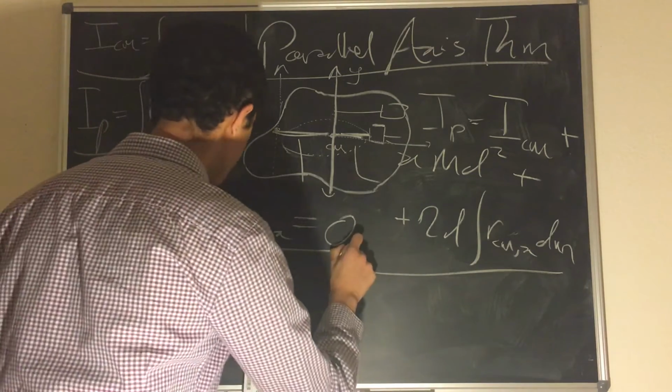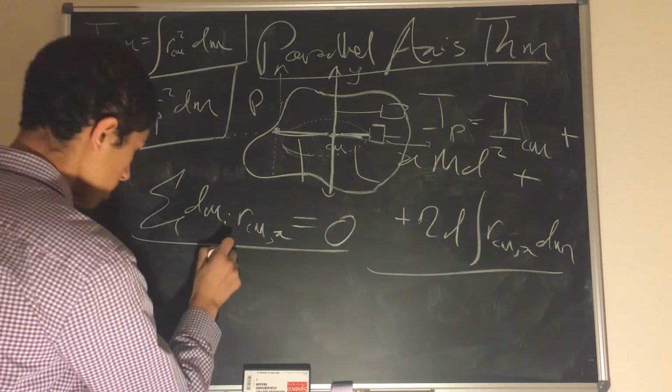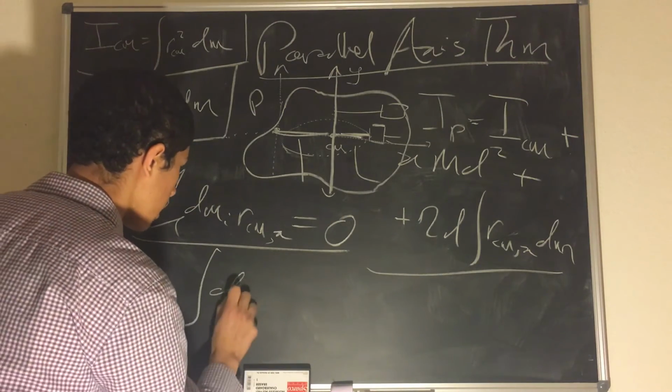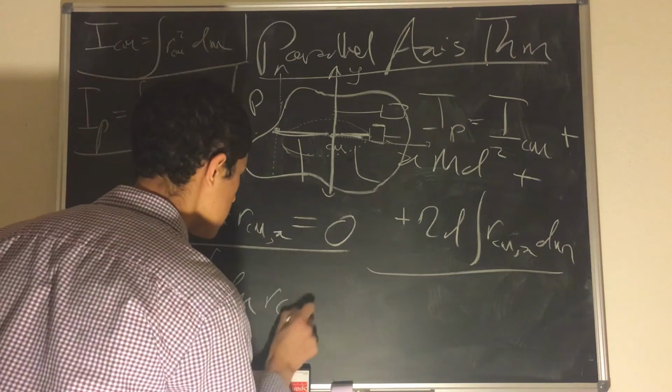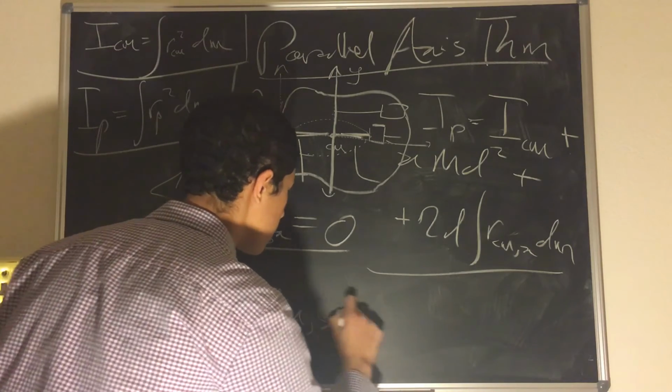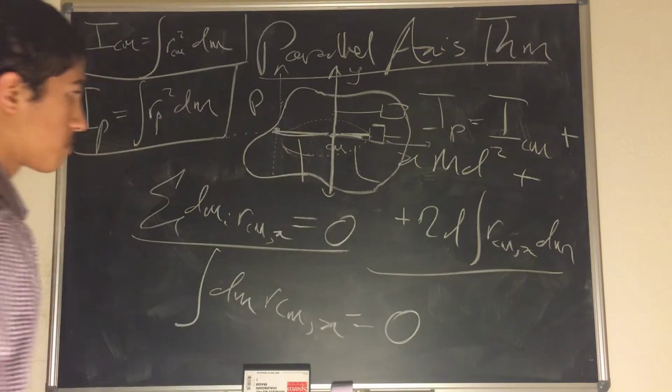Now we can simply rewrite it as an integral, and we have the integral of r_CM,x dm is equal to 0.